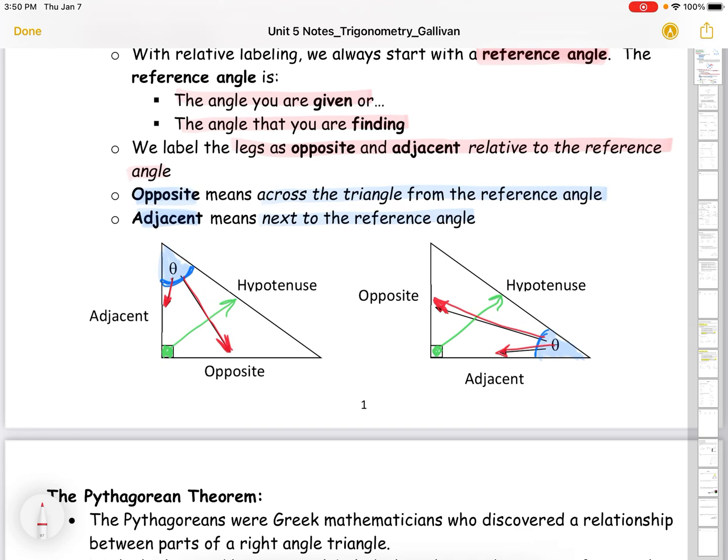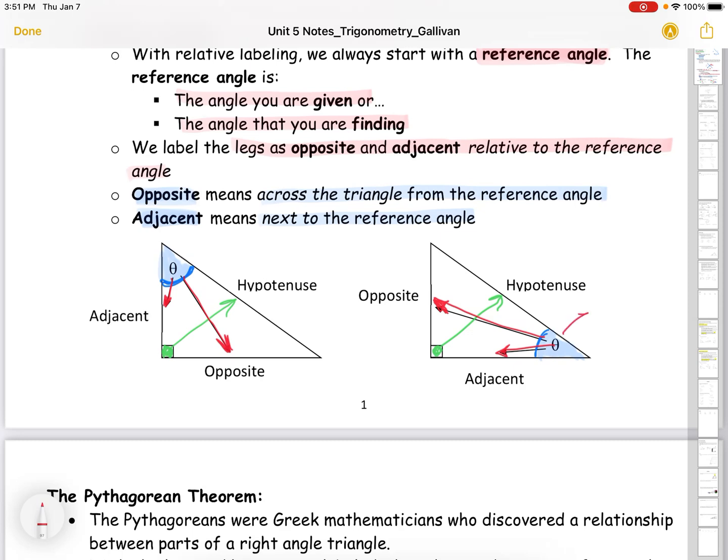I always like to draw all over my triangles, and I will circle my reference angle so that we can find it. But you need to know these because all of our ratios depend on those relationships and which side is which.